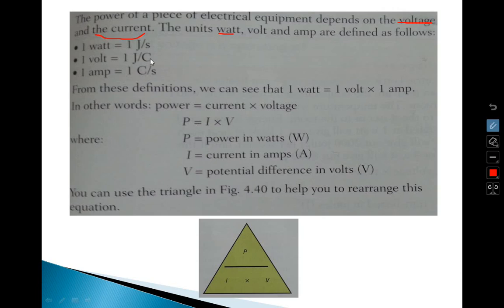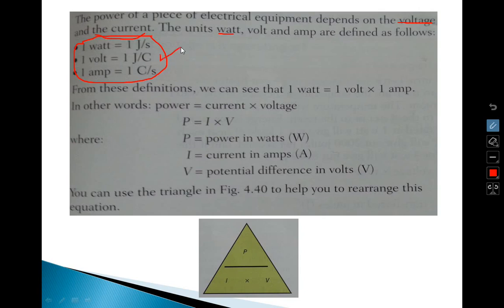So the units watt, volt and ampere are defined like this. 1 watt is equal to 1 joule per second, 1 volt is equal to 1 joule per coulomb, 1 ampere is equal to 1 coulomb per second.